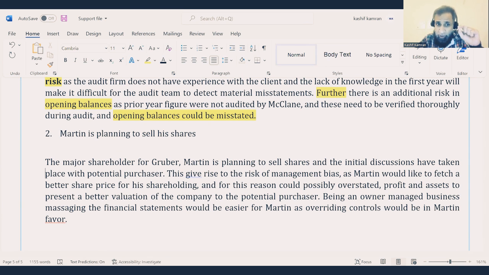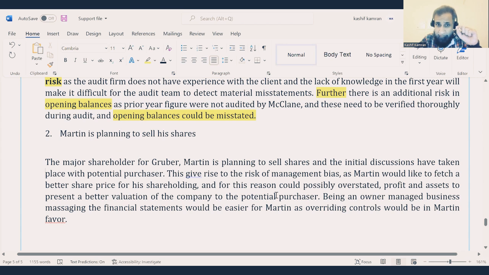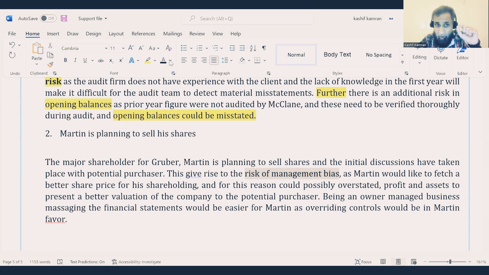The major shareholder for Grubber, Martin, is planning to sell shares, and the initial discussions have taken place. This gives rise to the risk of management bias, as Martin would like to fetch a better share price for his shareholding, and for this reason could possibly overstate profits and assets to present a better valuation of the company to the potential purchaser.